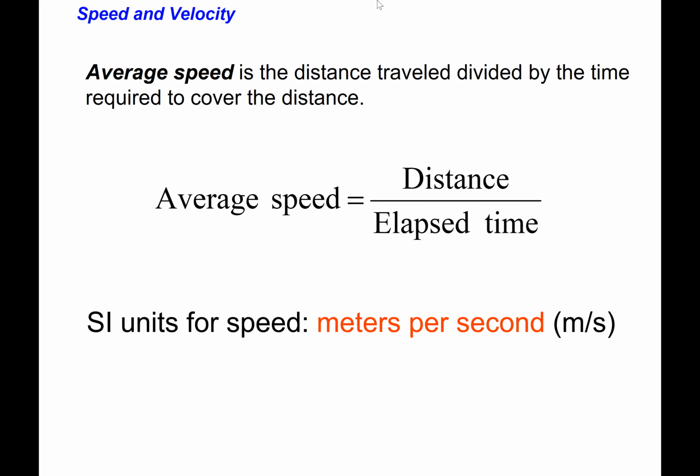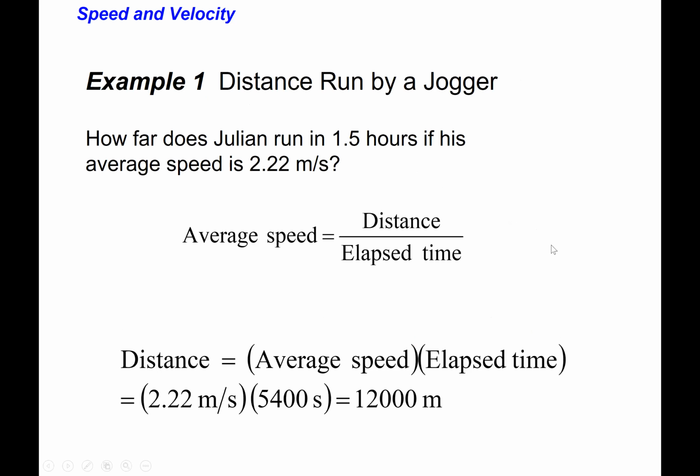Because distance is measured in meters and time is measured in seconds, the SI units for speed is meters per second. The first example is where we're going to calculate how far does Julian run in 1.5 hours if his average speed is 2.2 meters per second.